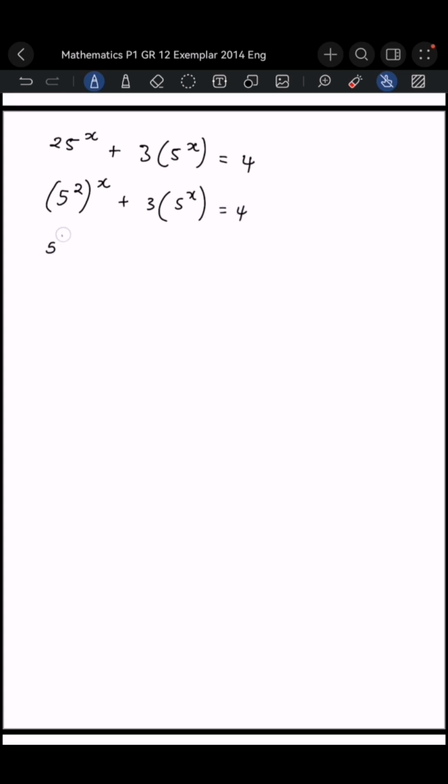And then here we're going to have 5 raised to the power of 2x plus 3 times 5 raised to the power of x minus 4 is equal to 0, where we say let k be equal to 5 raised to the power of x. Therefore, 5 raised to the power of 2x is going to be k squared, plus 3 times k minus 4 is equal to 0.